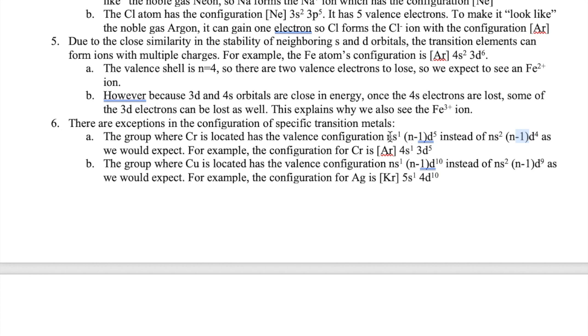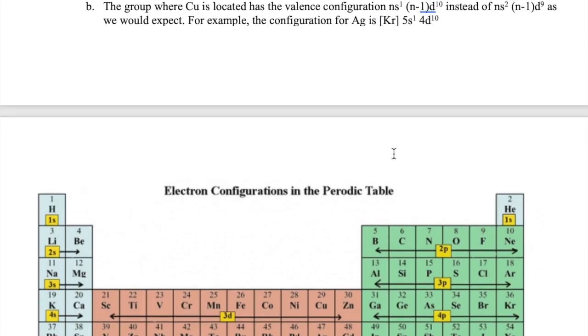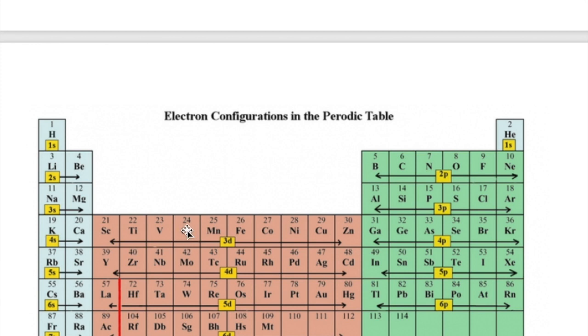But it turns out that the actual electron configuration for those elements is ns1 and (n-1)d5, meaning that if it's fourth period, it will be 4s1 and 3d5. So the example here is chromium itself, which is on period 4. So its configuration is argon, the noble gas closest to it, right? So here's chromium, argon is right here. So it's argon, 4s1 and 3d5.